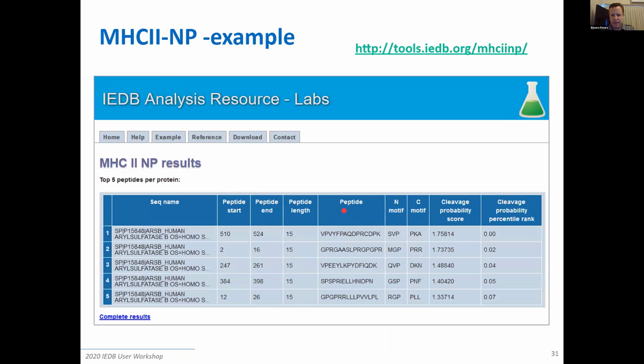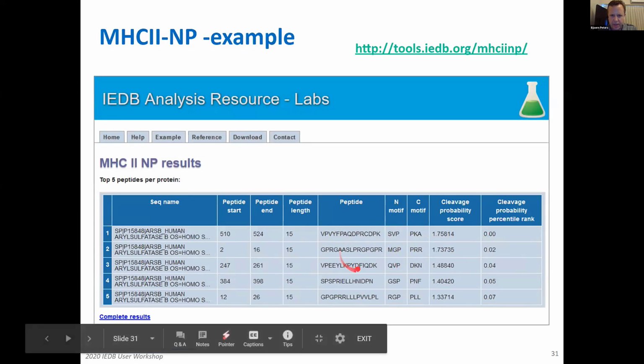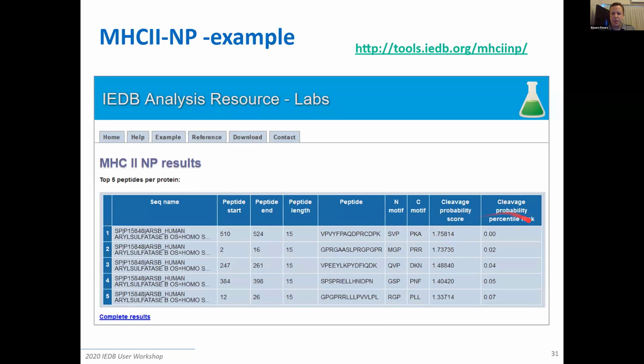So this peptide here has the N-terminal and C-terminal residues. So it's like an S, and then there's the cleavage, and then VP. And then there's P, and then the cleavage, PK, and then the cleavage, and then A. So you can see here essentially the motifs that are found in these proteins, and they get probability scores corresponding to these residues.